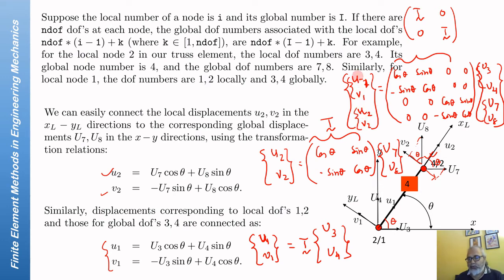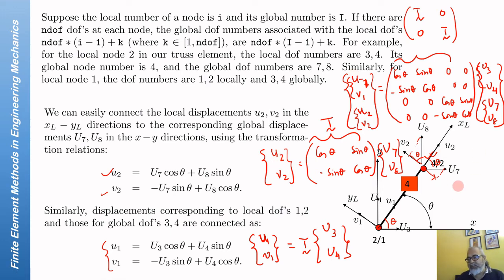So I have written them in this order so that the local degree of freedom numbers correspond to the global degree of freedom numbers. If we write this in this form, you get this kind of a transformation matrix, which is partitioned as T 0 0 T.